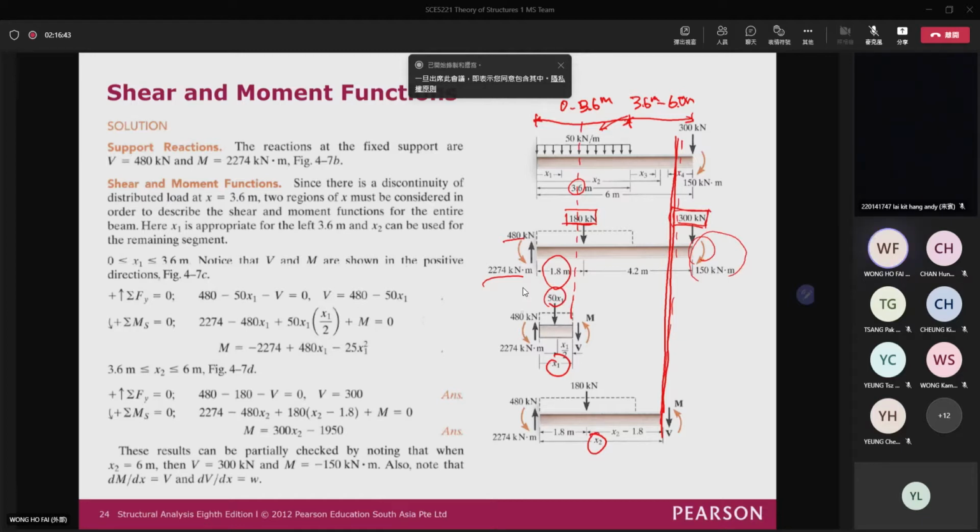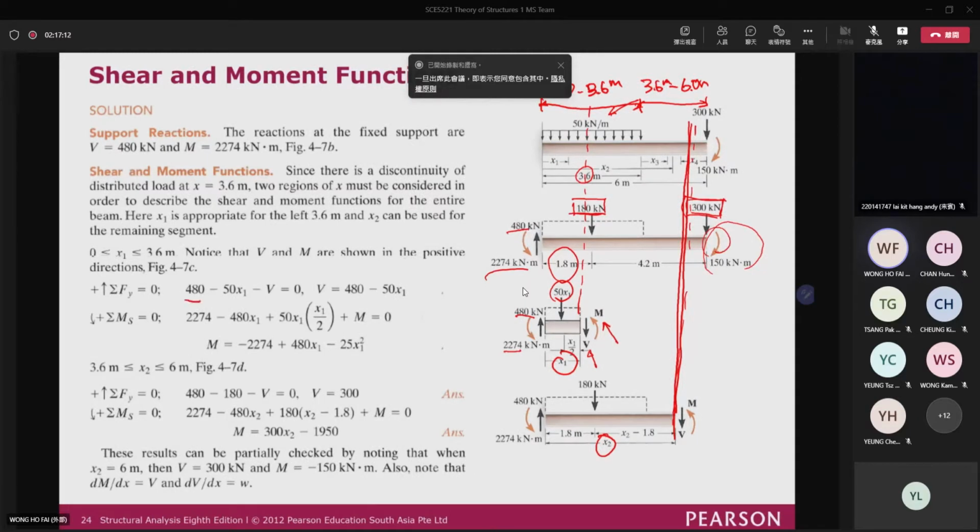Then your support reaction is equal to 480 kN pointing upward, and then you have the counterclockwise moment equal to 2,274, while the shear force on the right-hand side is V pointing downward, and then M is having concave downward structures. Okay, so you consider summation Fy is equal to 0. So you have 480 pointing upward, and then negative 50 x1 pointing downward. And then V here is pointing downward, and then from here you can get your shear function as 480 minus 50 x1.